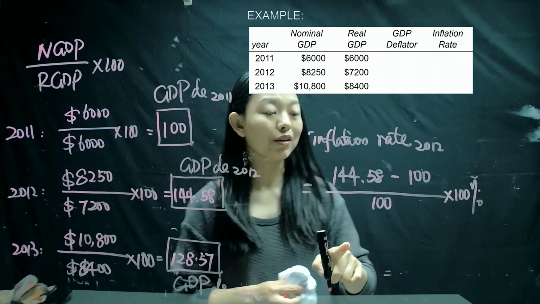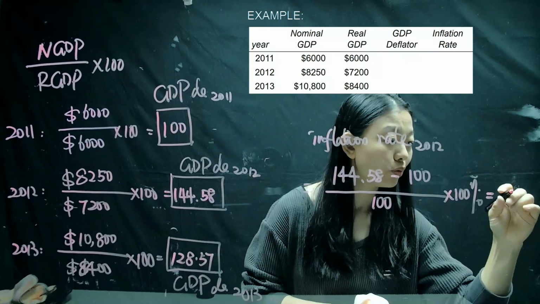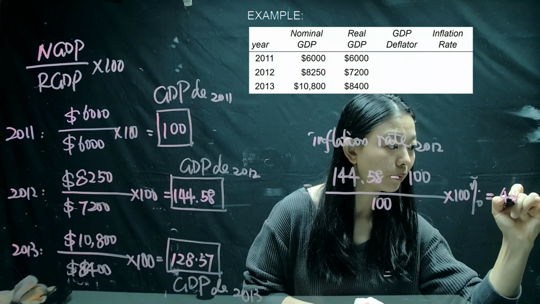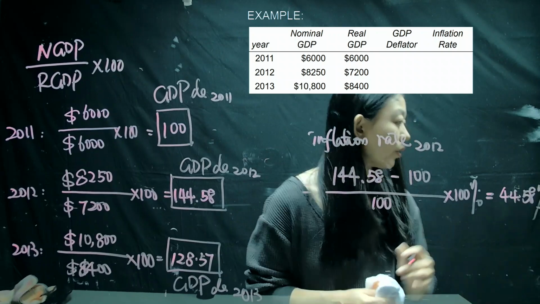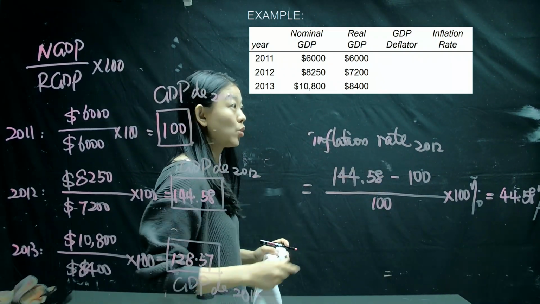And this will give you an inflation rate in 2012 equal to 44.58.